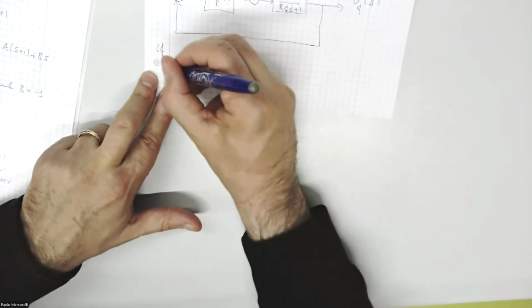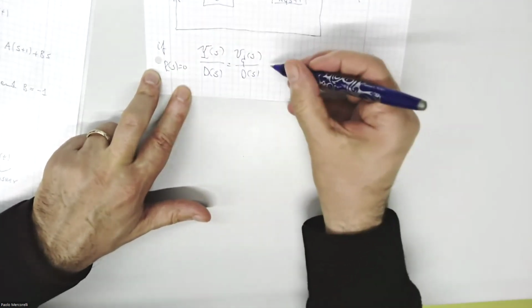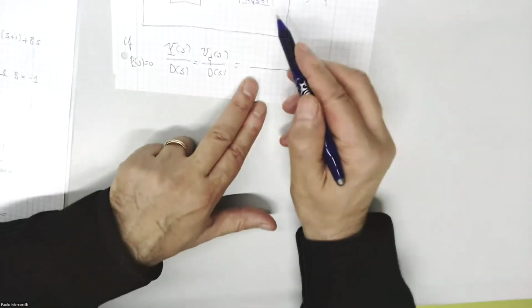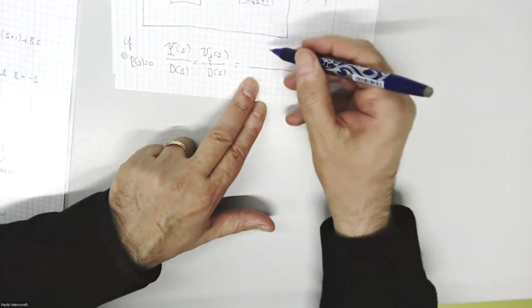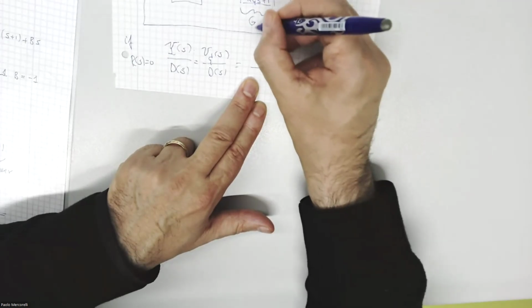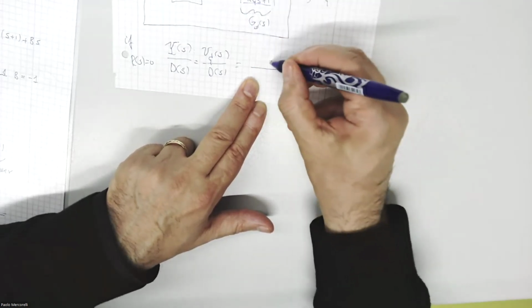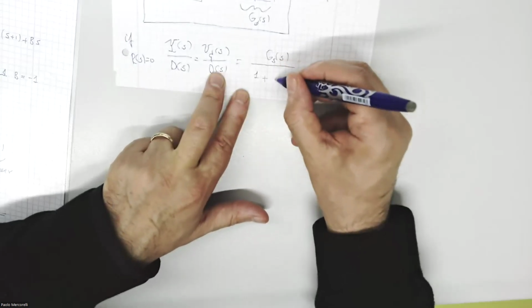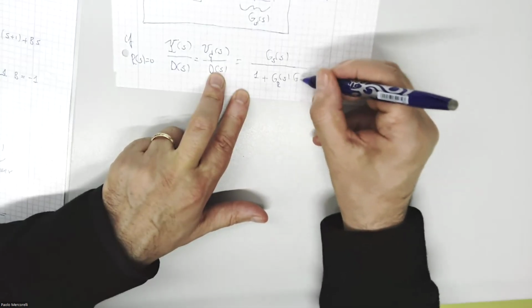If R of S equals 0, this is this block here. Let me call it G of S, divided always the same denominator. Now we learn this. No?